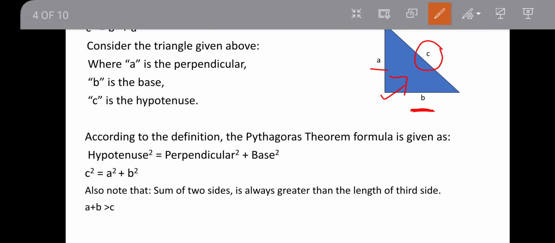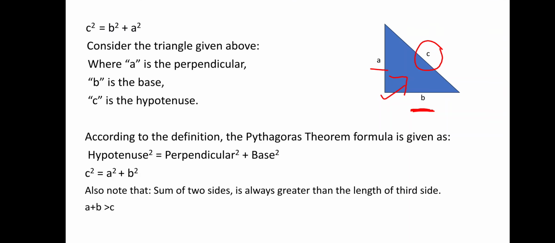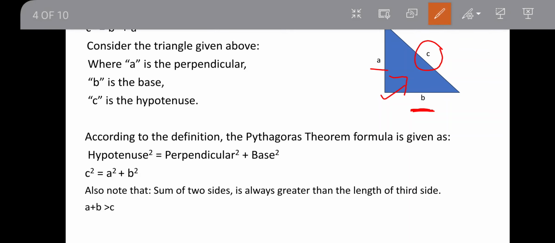So in Pythagoras theorem, C square is equal to B square plus A square. What does it mean? That the square of the hypotenuse is equal to the sum of the base square and the perpendicular square. In this diagram, C is the hypotenuse, so according to the definition, hypotenuse square is equal to perpendicular square plus base square.